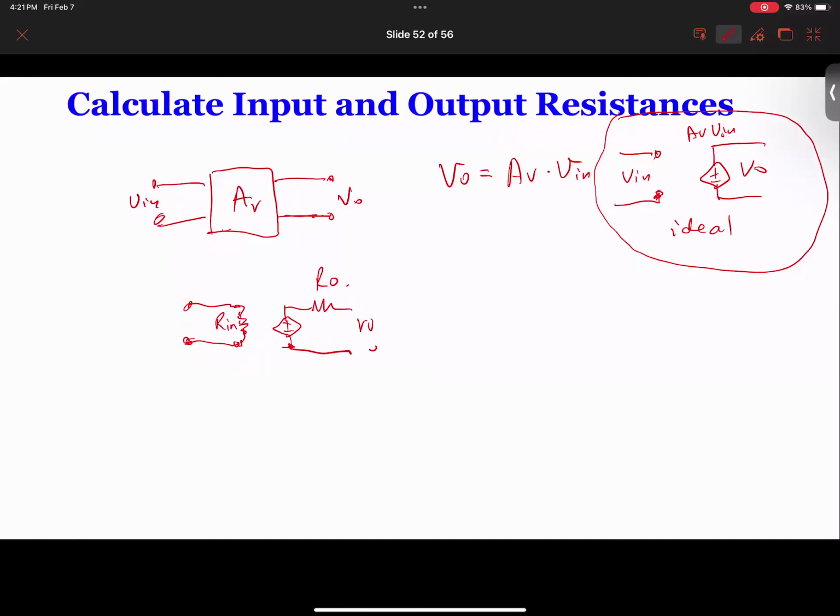But if it's non-ideal, what happens is, let me draw this circuit again. If it's the ideal case, you have VO equal to AV times Vin.